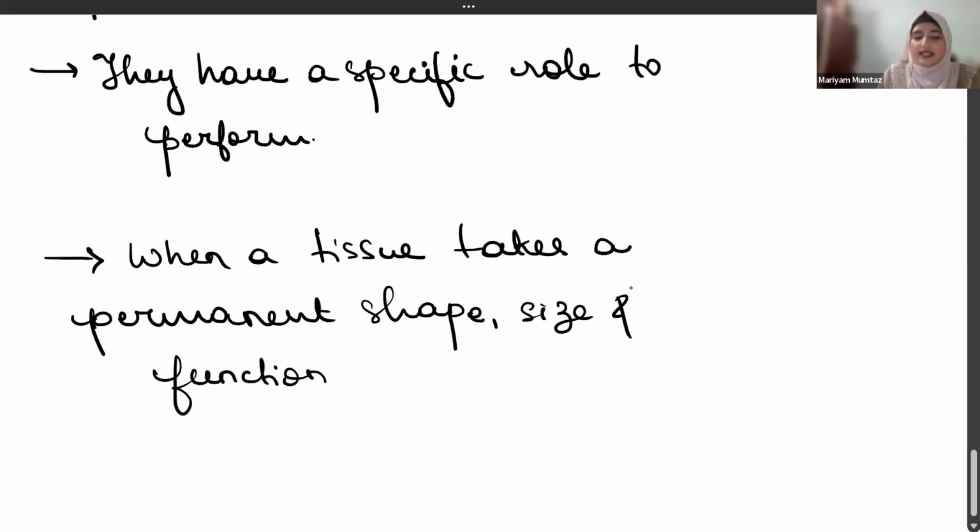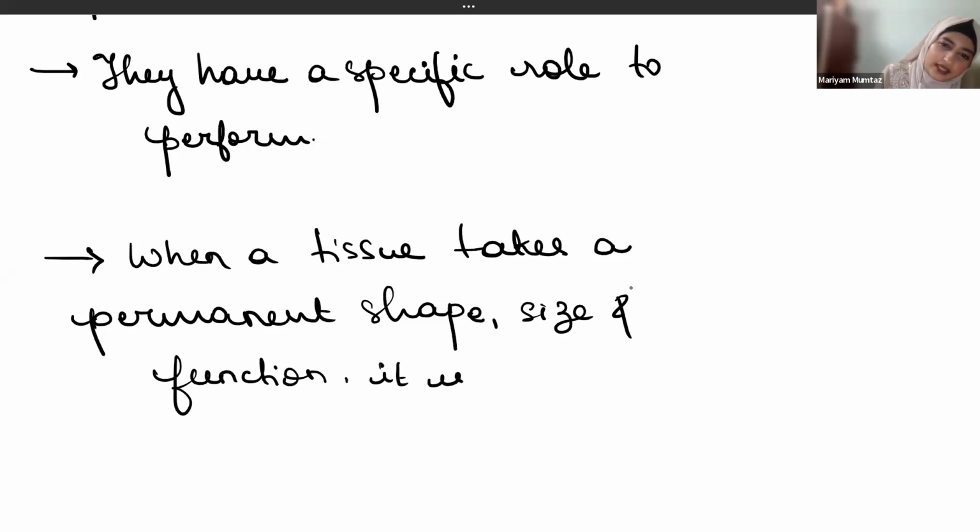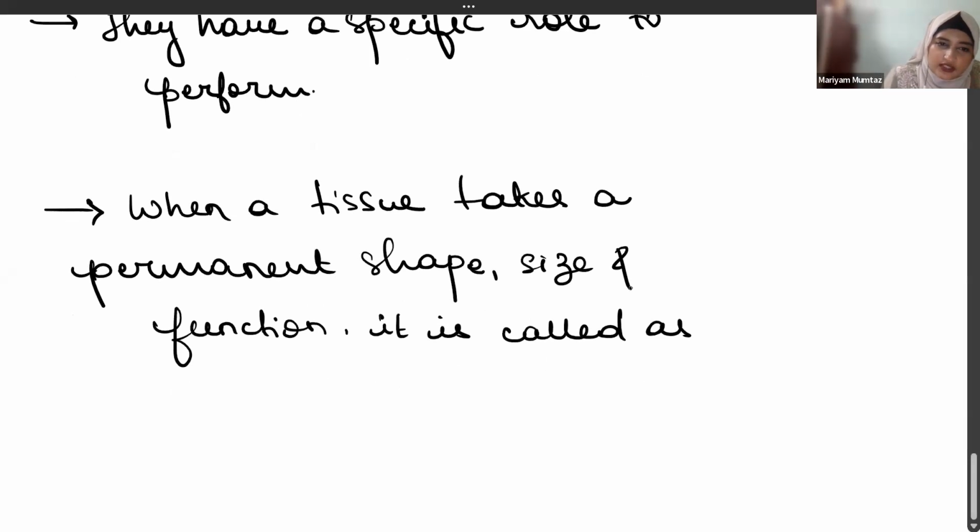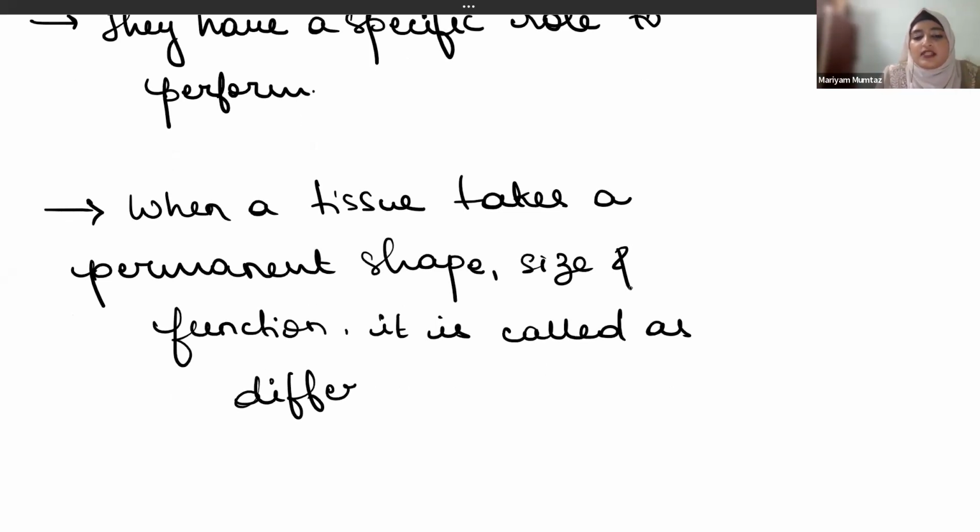Whenever a tissue takes up a permanent shape, size and function, it is known as differentiation. Understood?